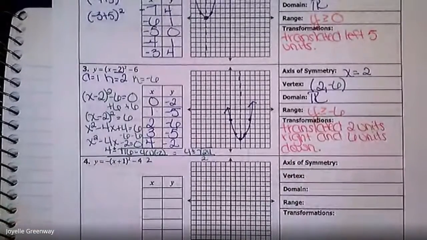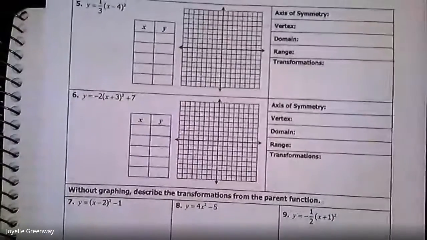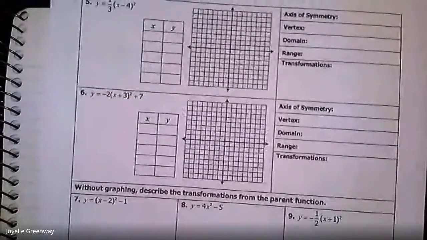Okay. All right, I'm not going to do number 4, but I am going to do number 6. I'm not going to do number 5 either, but I will do number 6.